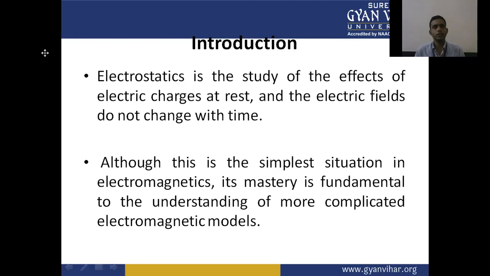Although this is the simplest situation in electromagnetics, its study is fundamental to the understanding of more complicated electromagnetic models.